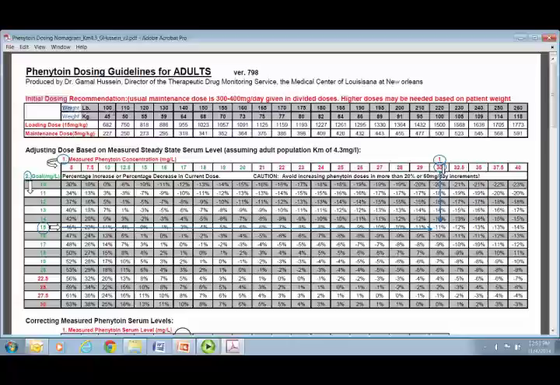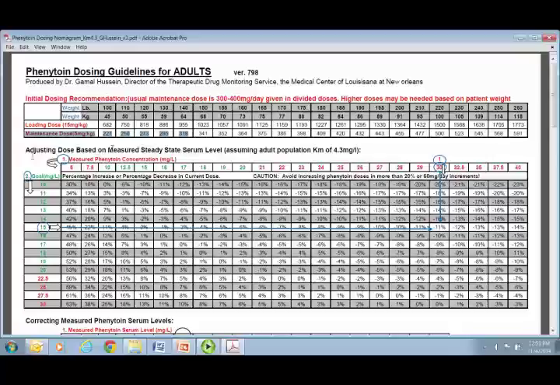Based on the patient weight in this line here, in pounds or kilograms, the loading dose is in this row here, and the maintenance dose is here. And this is designed at 4.5 milligram per kilogram doses, okay, to achieve a level of like 10 or so.